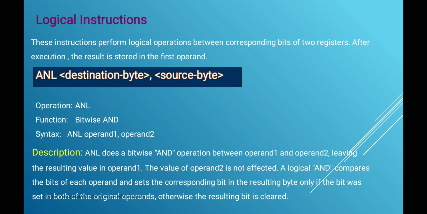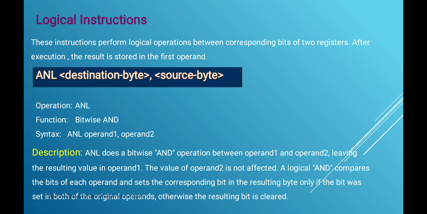When the destination is the accumulator, then the source can be register, direct, register indirect, or the immediate addressing mode. And when the destination is a direct address, then the source must be accumulator or immediate data.